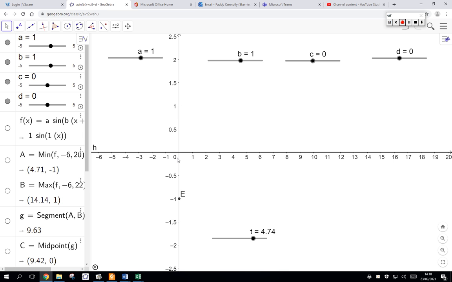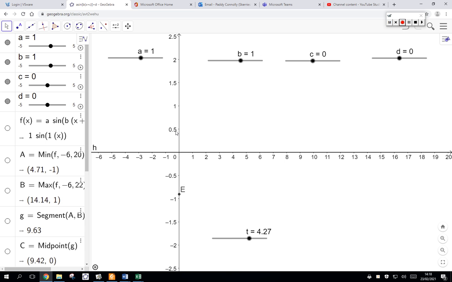As it gets closer to 0, the acceleration decreases. When it gets to 0, the acceleration is actually 0. And it's at that point where its velocity will be greatest. It speeds up till it reaches its maximum speed at 0, and then it slows down as it moves out towards the extremes.